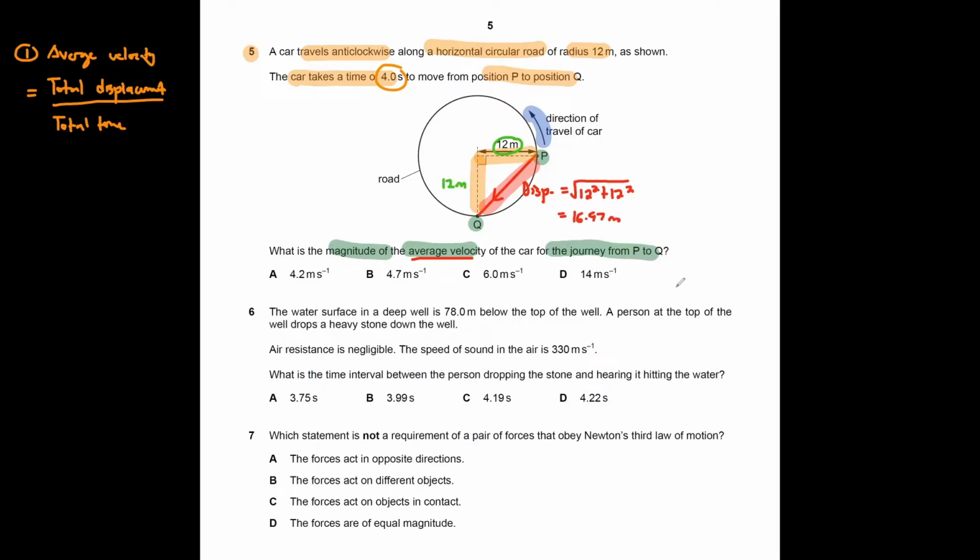So if we put this value into our equation for average velocity, we ought to get 16.97 divided by 4.0, giving us an answer of 4.2 meters per second. This one will be our average velocity.